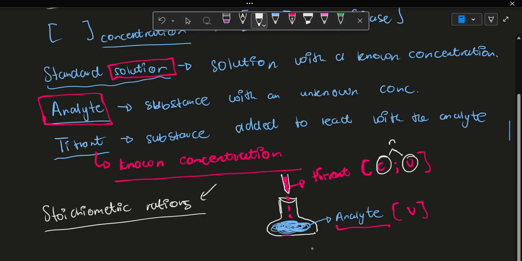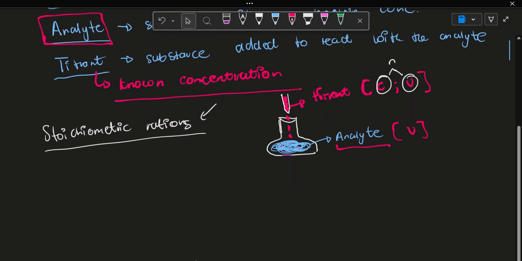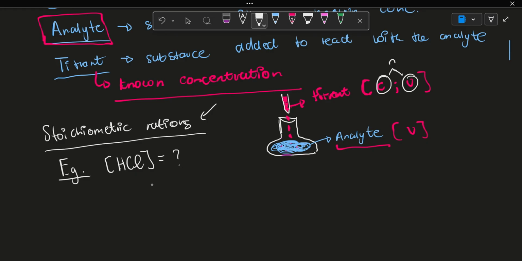Okay, cool. So a typical example, I feel like using the words titrant and analyte just becomes a bit confusing. Let's say we are trying to determine the concentration of hydrochloric acid. So I use sodium hydroxide to determine the concentration of hydrogen chloride, or hydrochloric acid.